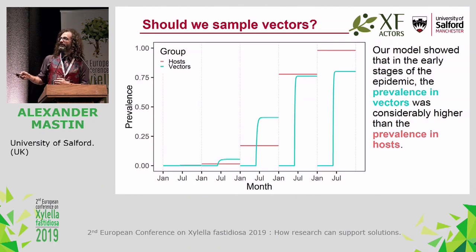So that would suggest to us that focusing your surveillance on vectors will give you a better chance of sampling infected vectors at any single time point. And given that your diagnostic methods are the same, so they're able to detect with the same reliability, and they'll have the same costs, that would suggest that focusing on vectors would be your best plan.